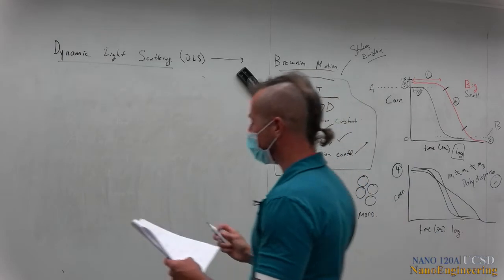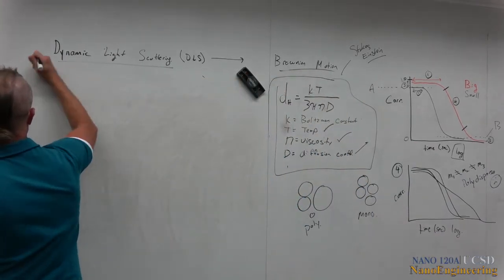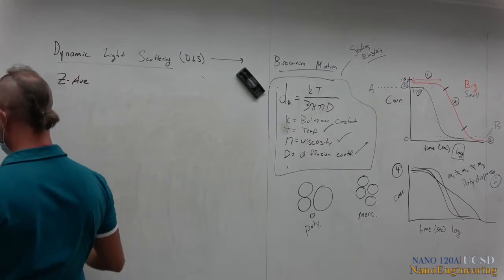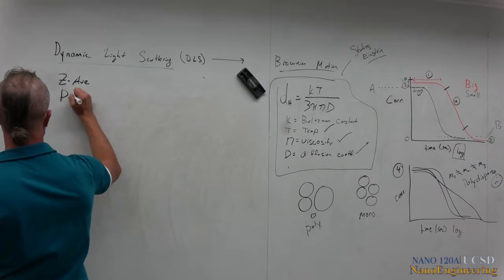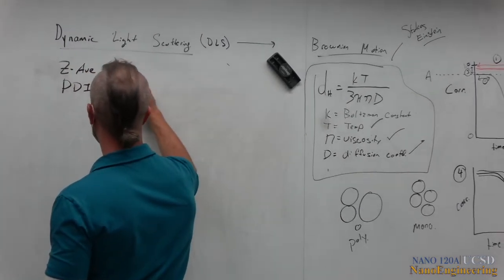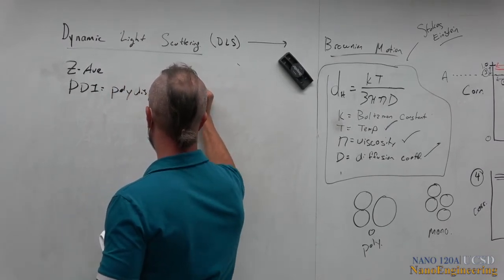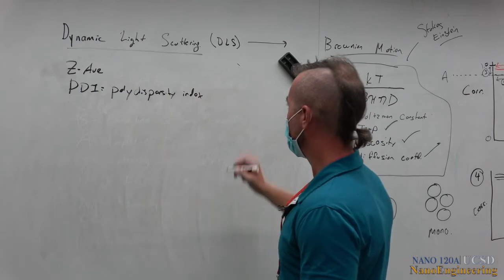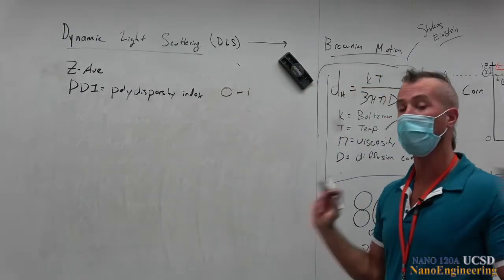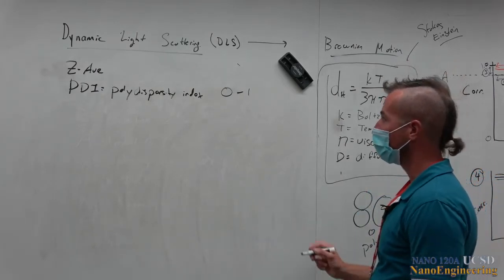So what the instrument's going to give you is a metric called the Z average and the PDI, the polydispersity index. This goes from 0 to 1, where 0 means every particle is exactly the same, and 1 means every particle is different.